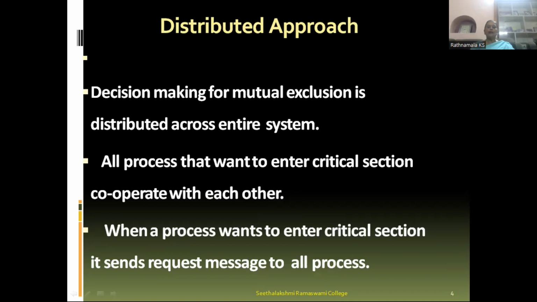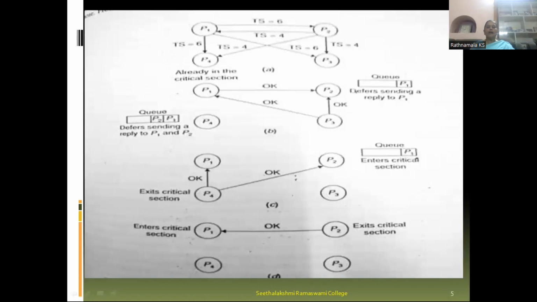They should cooperate with other processes in the environment. So when a process wants to enter the critical section, it sends a request message to all the other processes to get their consent. Now this diagram will clearly explain the situation.